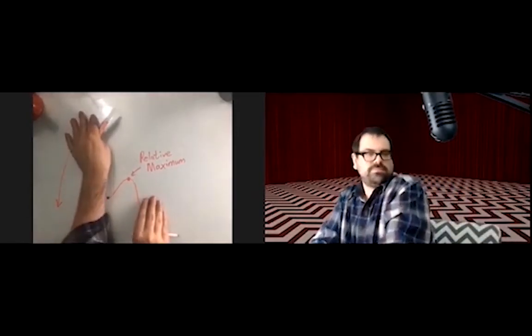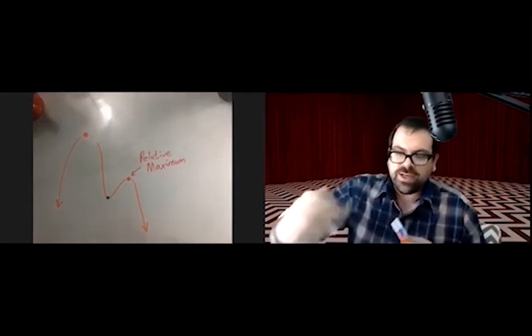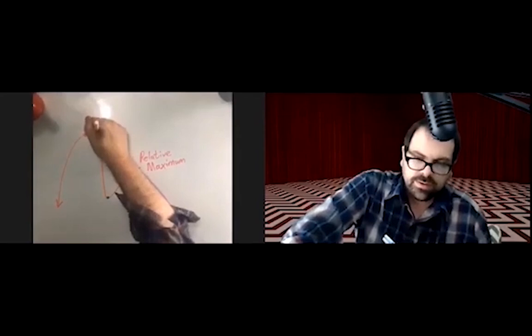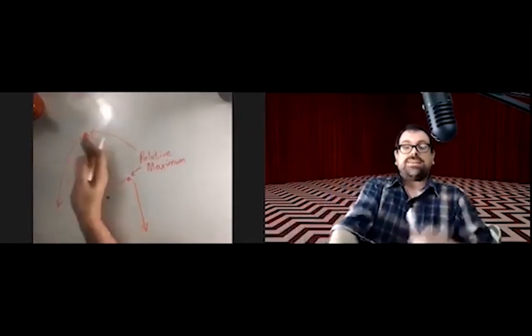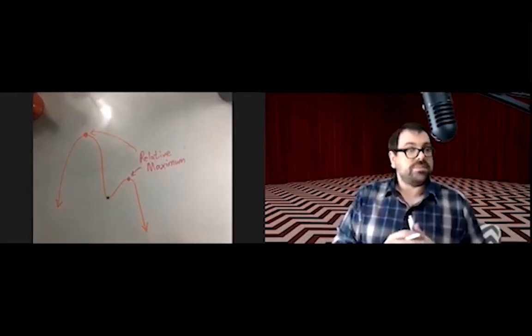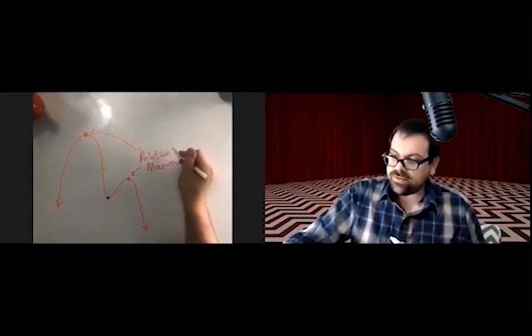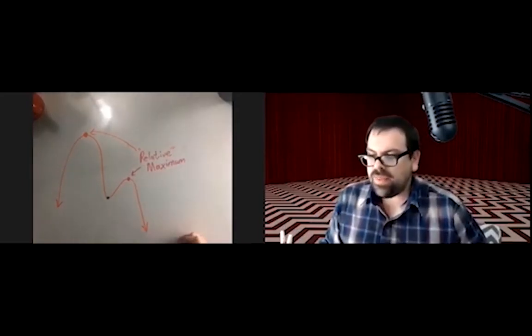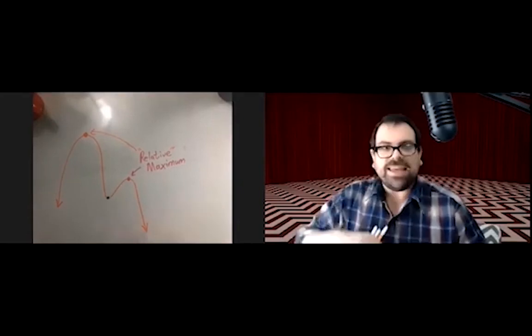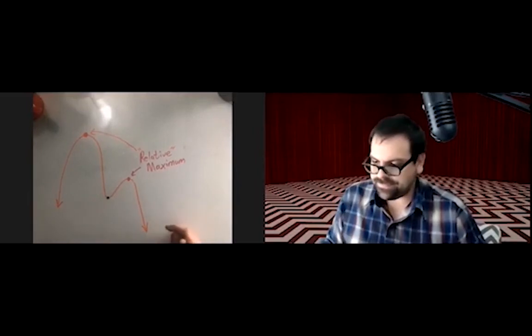See? And even though this one here is the maximum, same holds true. In its area, it's a relative maximum as well. So when we say relative maximum or relative minimum, that means any hilltops.